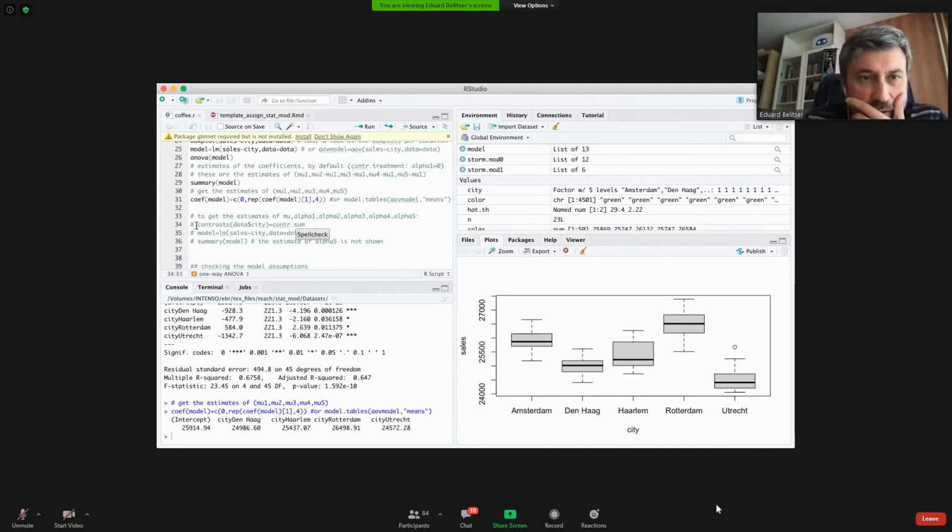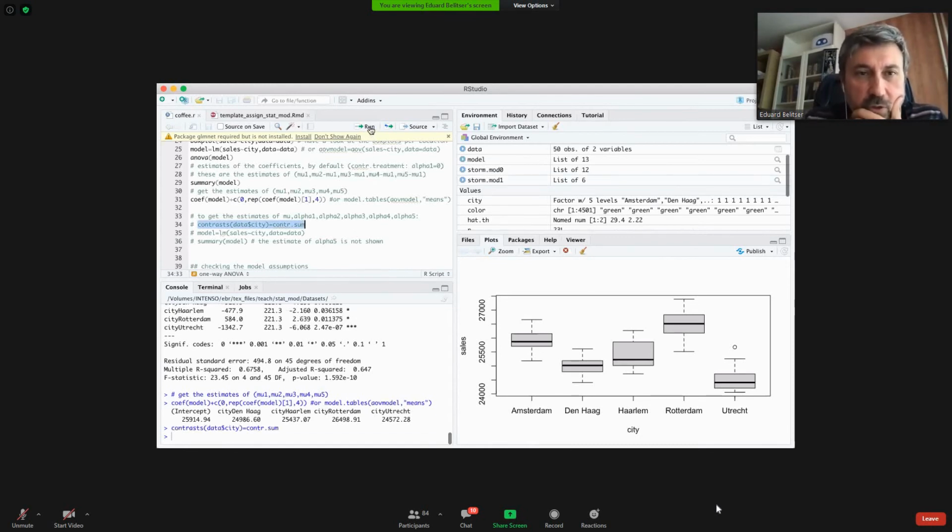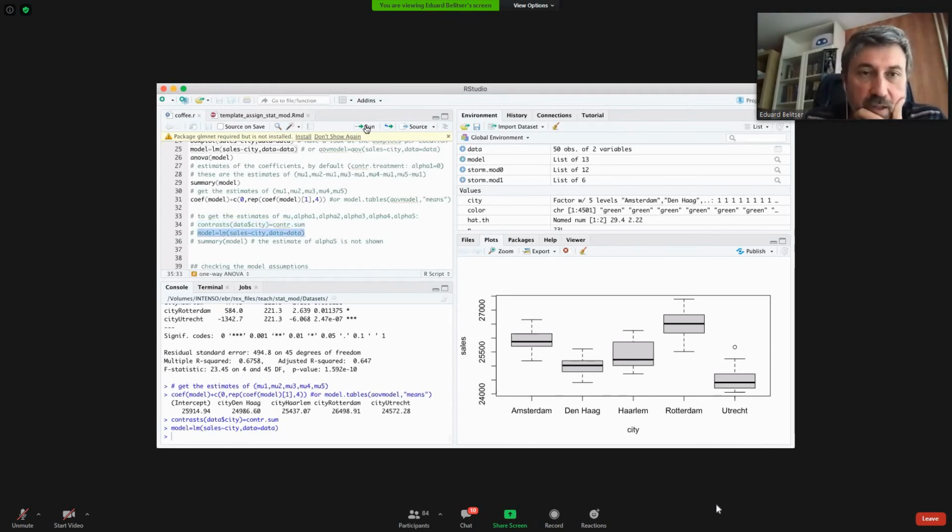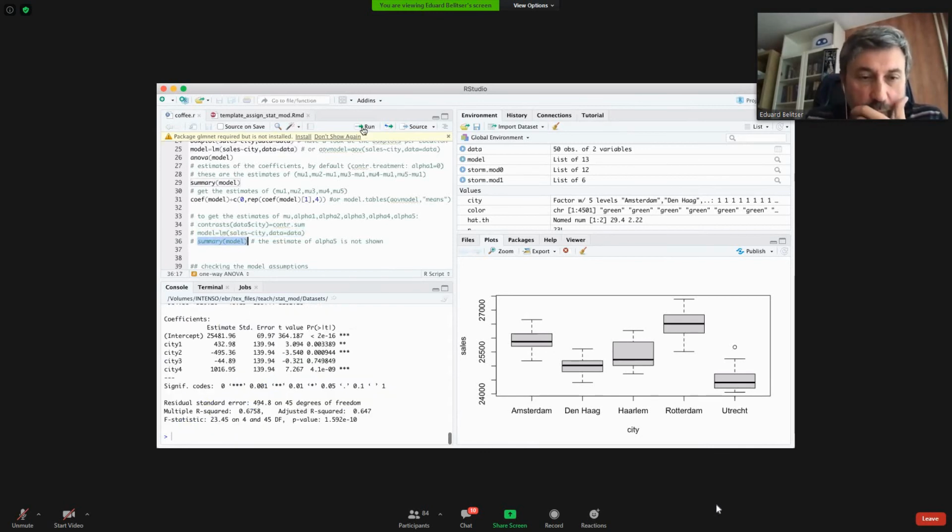Okay, let's just do this. We need to say contrast. It's given by the contrast command. So contrast command, and then we again create a model, and then we say summary, and now we are there. So this is mu.